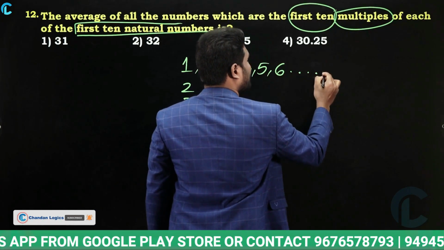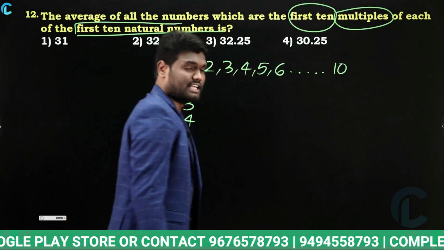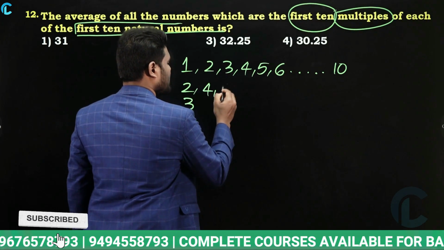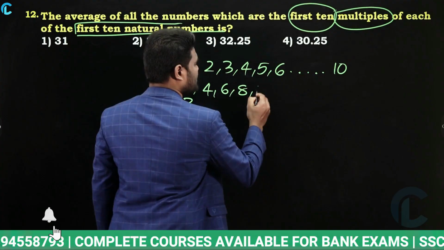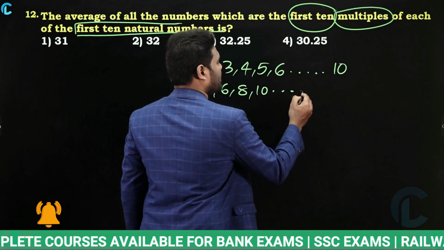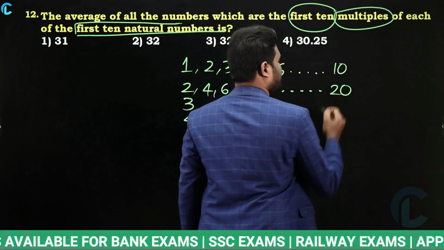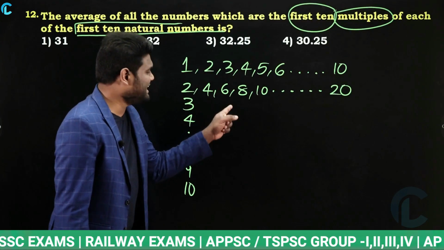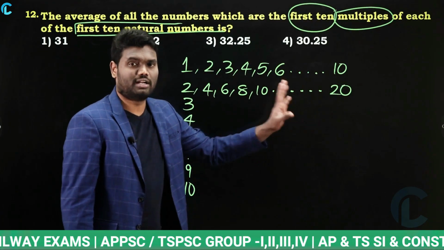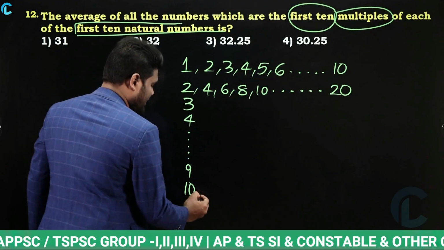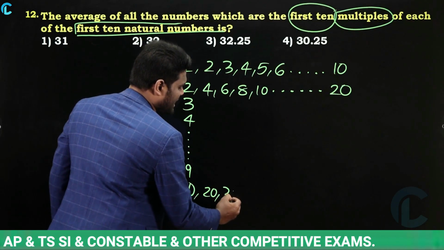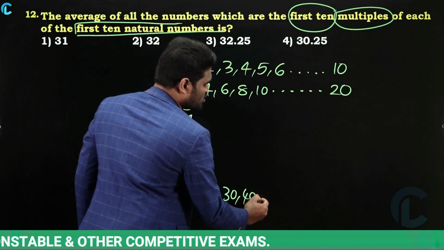The question is saying till 10 multiples. Similarly, if you look at 2, for 2 it is going to be 4, 6, 8, 10, and so on till how many? 20. Multiples are nothing but the 2 table. 2 1 time, 2 2 times, 2 3 times, 2 4 times, 2 5 times, and so on till 2 10 times. Similarly, for this one, 10 1 time, 10 2 times, 10 3 times, 10 4 times, and so on.